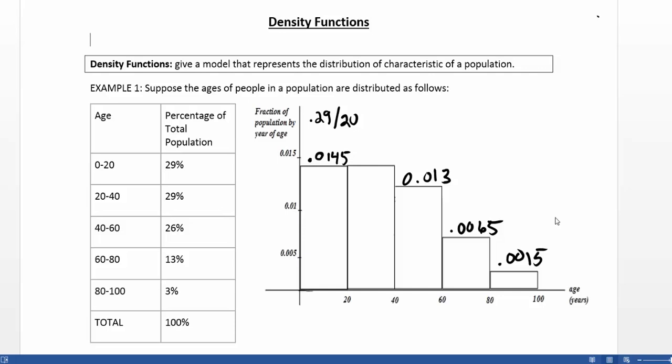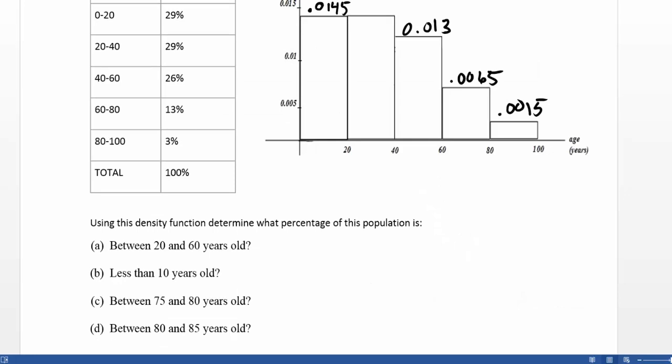We now have a graphical representation and a table representation of our population, and now we can answer some questions about it. Part A: using the density function, determine what percentage of this population is between 20 and 60 years old. In this case, it's easier to look at our table. From 20 to 60 contains two intervals, 20 to 40 and 40 to 60.